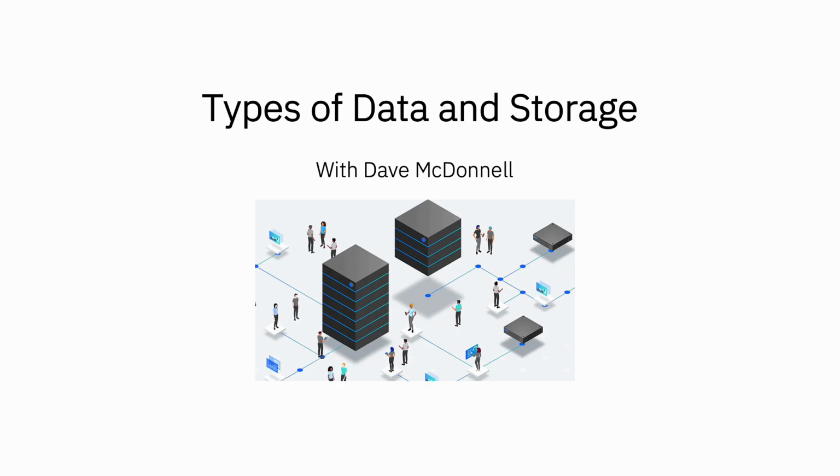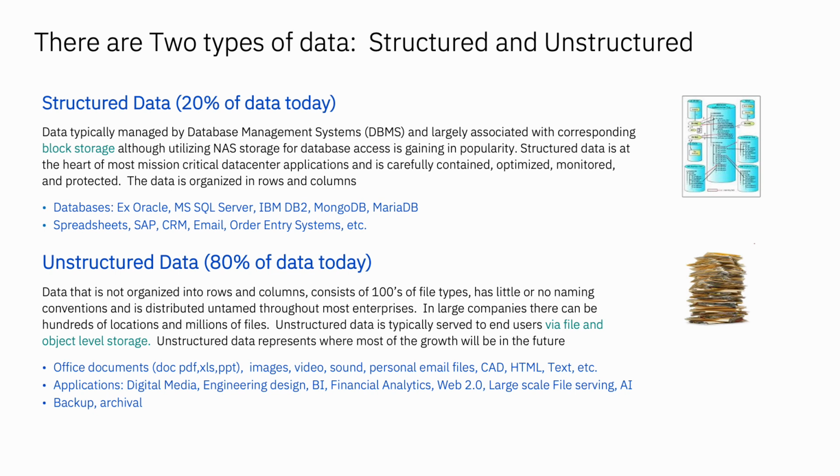Now we're going to get on to the types of data and storage. Let's talk about data. There are two types of data, structured and unstructured. Structured data is what's used in a lot of the applications you can think of and name today. Your driver's license system, your student information system, maybe your patient record system. The data is put in spreadsheets, and there's a few examples of database suppliers here, or spreadsheets also use structured data.